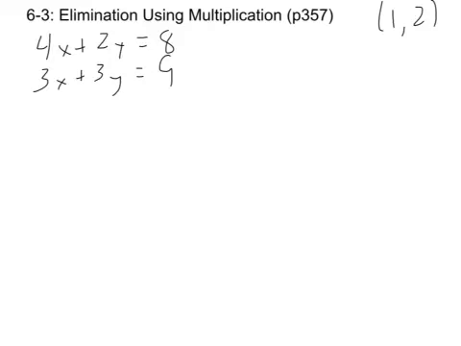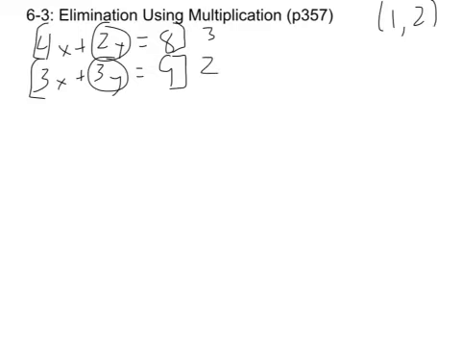I'm going to solve the same problem by eliminating the y first. Over here, I've got a 2 and a 3 in front of the y. My coefficients are 2 and 3. The least common multiple between 2 and 3 is 6. So I need to multiply this by 3, and I need to multiply this one by 2.